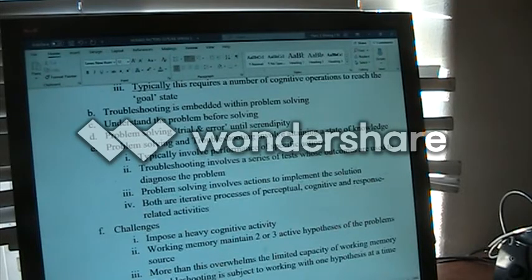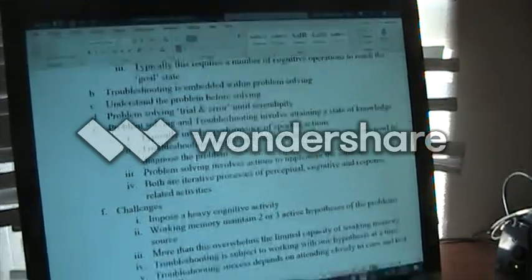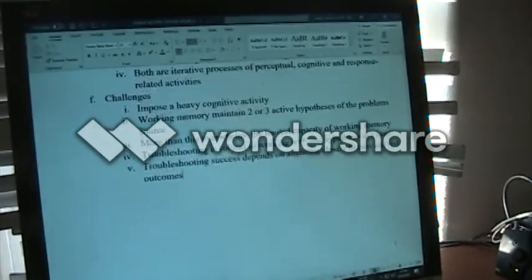So our troubleshooting success depends on attending closely to the cues and test outcomes. And of course, if a test outcome disagrees with your hypothesis, you may not be paying much attention at all.